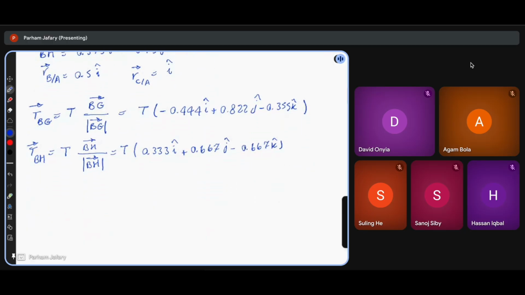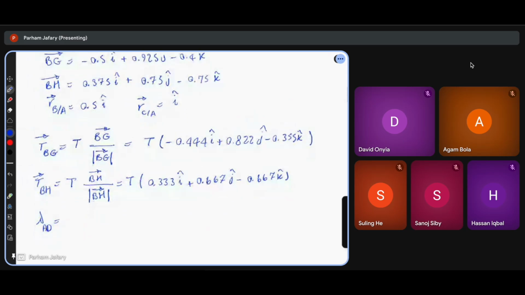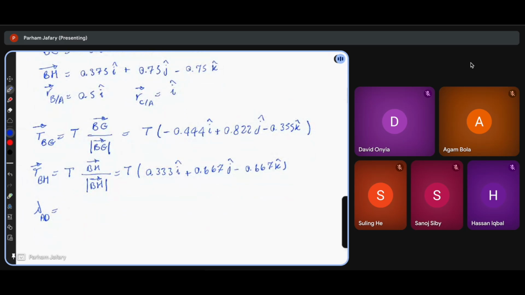Now, lastly, what we need to calculate is the vector for AD. So lambda of AD, I'm just gonna write down this one for you guys. If you're not familiar with it, there is one example for it. So it will be the vector of AD divided by the magnitude of AD.